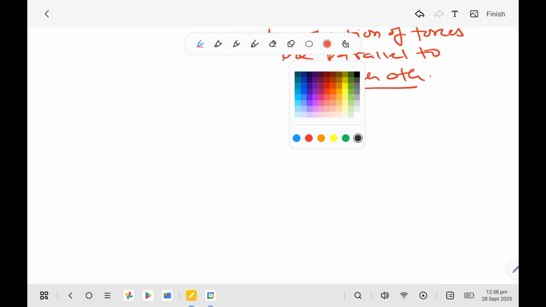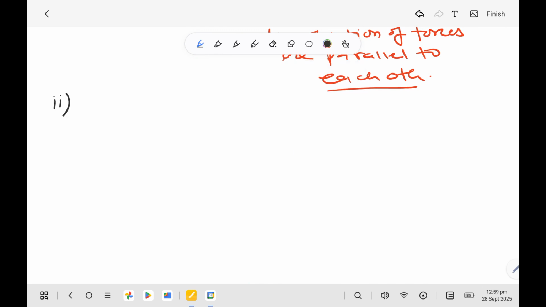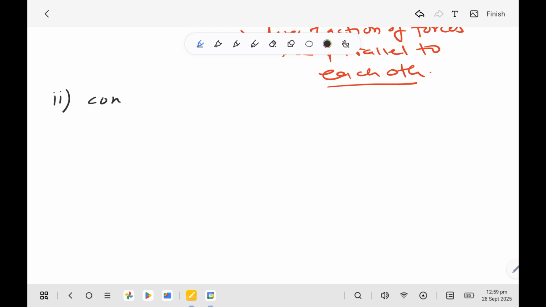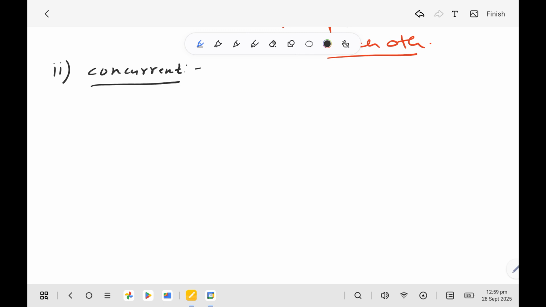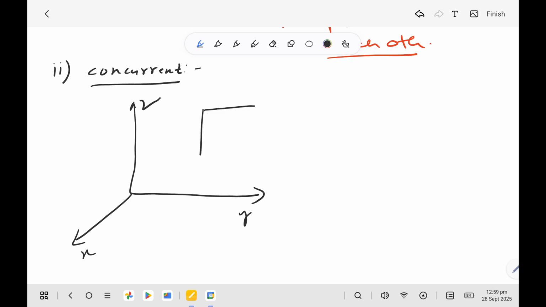Now consider the second category, concurrent non-coplanar system of forces. To understand it, we consider a body in space. Okay, so this is an object of mass m.